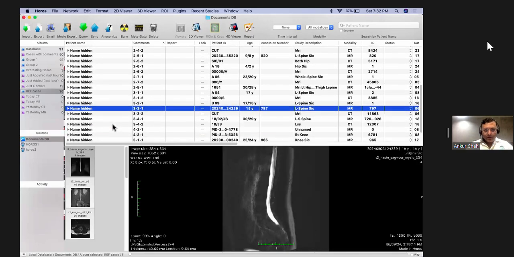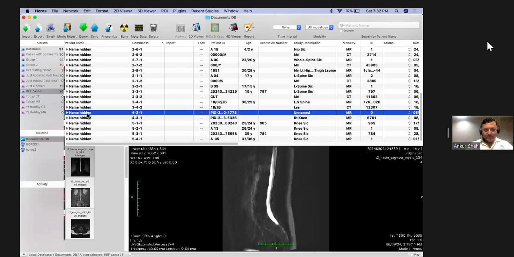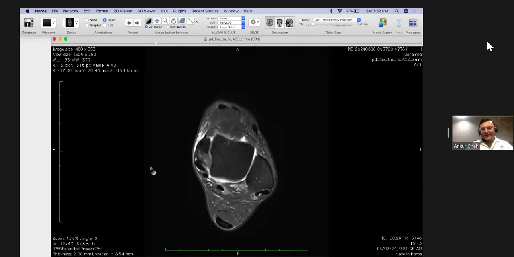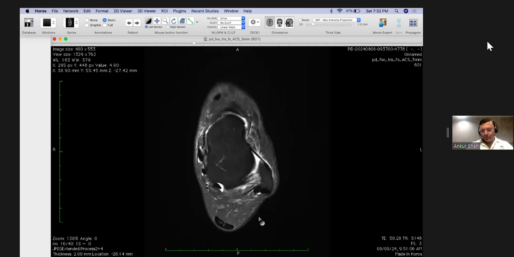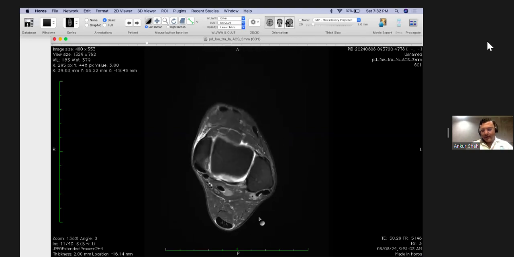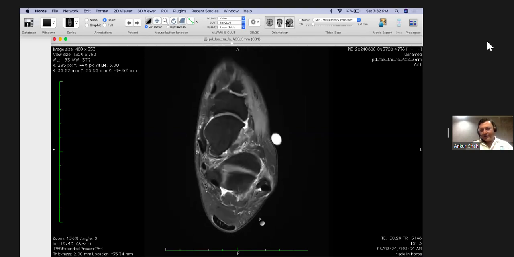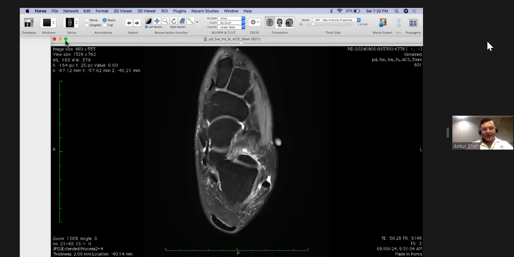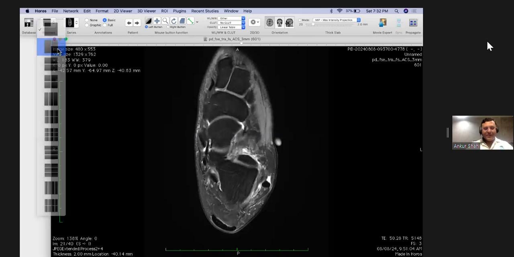And one of the joints which is extremely important is the ankle joint, because in the ankle, as we know, the tendons all curve around here. So you pay attention to this tendon, and invariably you will see areas of hyperintensity in the tendon, which looks like it is tendinotic, an edematous tendon.